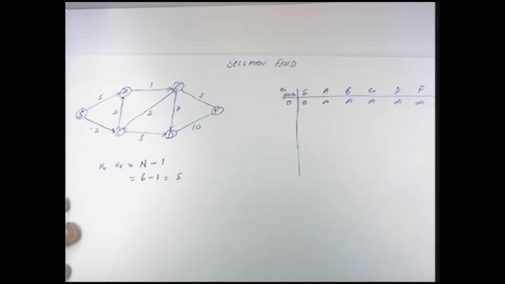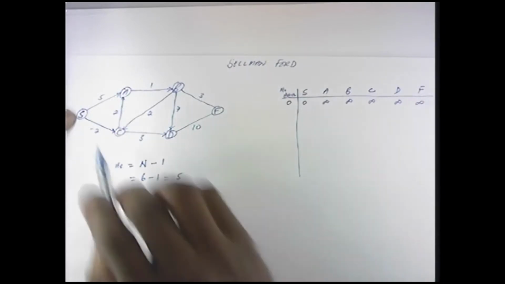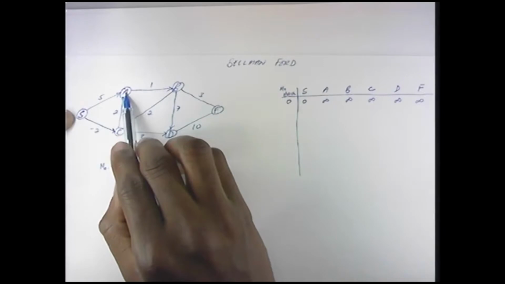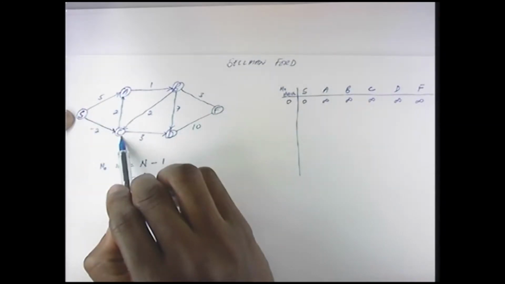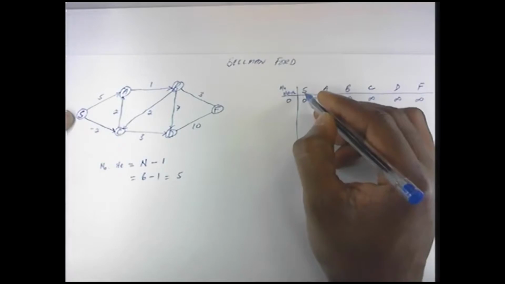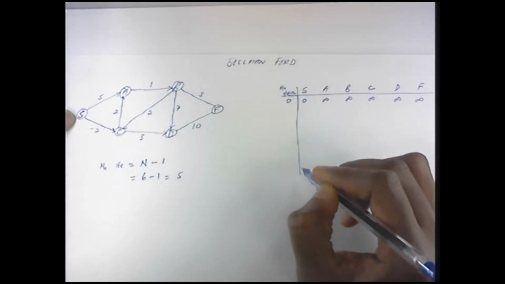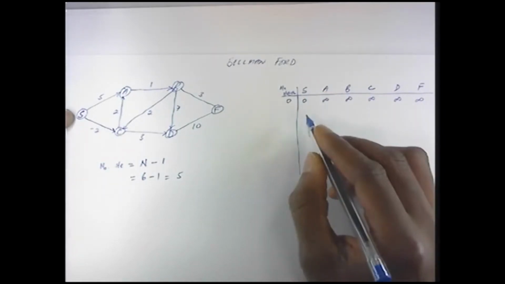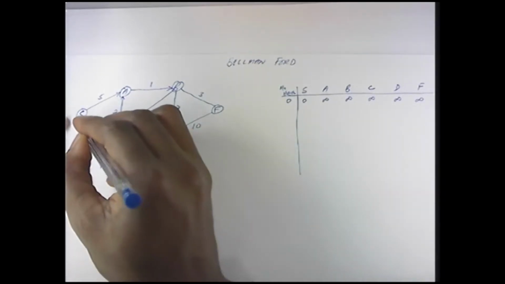Now, this is what the Bellman-Ford algorithm is about. From the starting node, remember there's a constraint that we need to find the path of either one link or two links or more, or H links. So from S, there are two outgoing links, to A and to C. So from S, I am going to calculate the cost of going to A. To do that, don't forget the cost at S is 0.